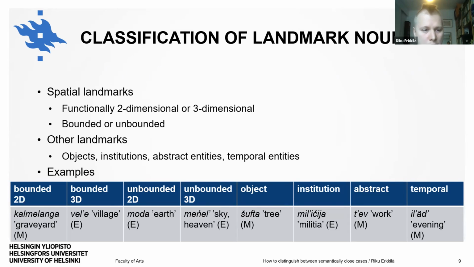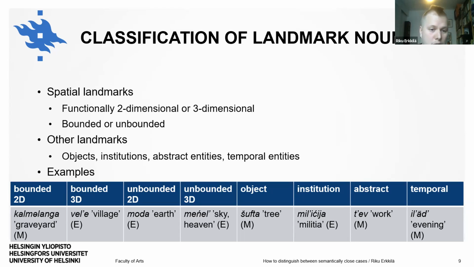Like you can see, a bounded 2-dimensional landmark is Kalmolanga, that is a graveyard, because graveyards usually have borders, like a fence or something that differentiates it from the landscape. And a bounded 3-dimensional landmark could be Velje, it's village, which also has quite clear boundaries.